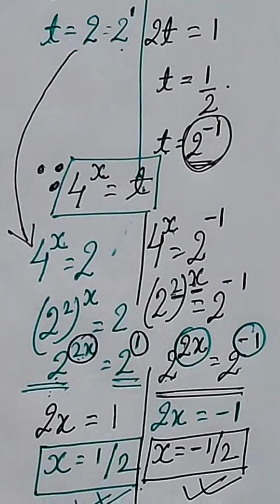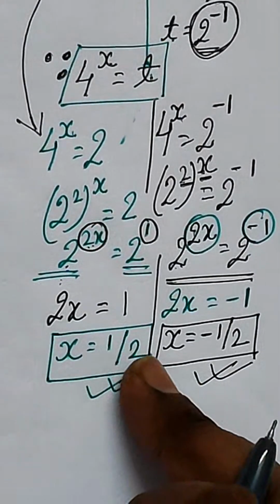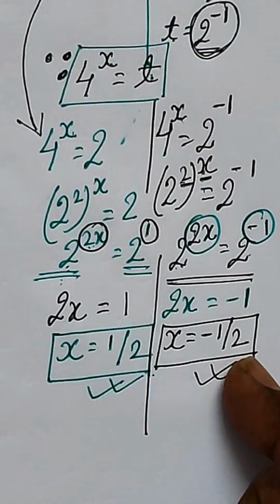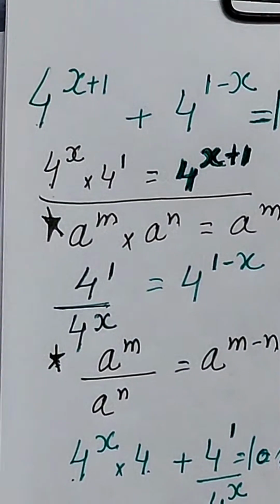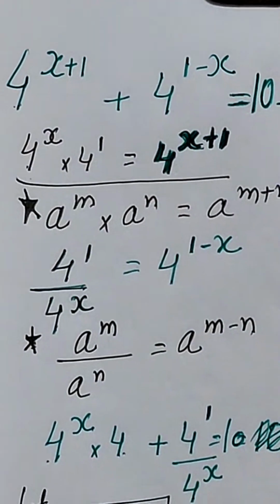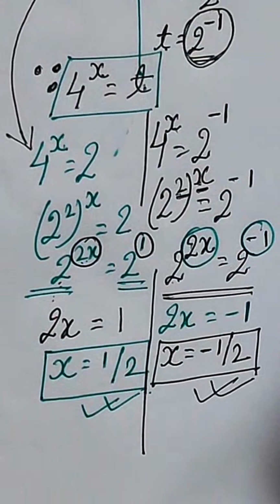Since this was a quadratic equation, 1 by 2 and minus 1 by 2 are the values for our equation. What was our equation? 4 power x plus 1 plus 4 power 1 minus x equal to 10. So let me write it over here.